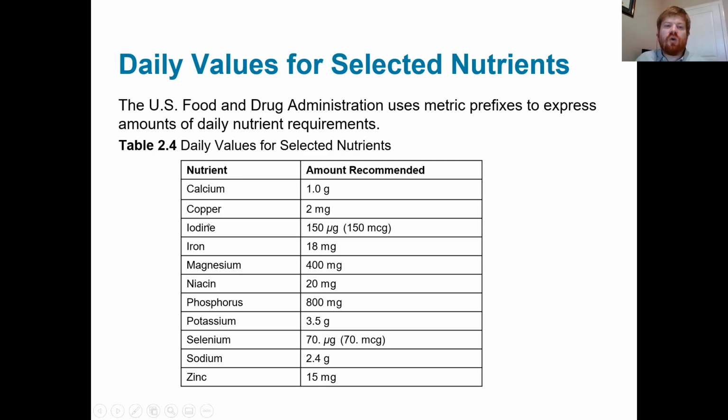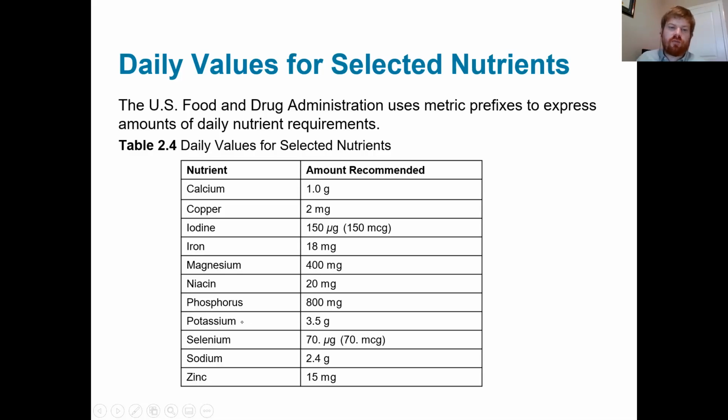So you only need 150 micrograms of iodine. I think this is per day, yeah, daily values here, compared to 2 milligrams and 1.0 grams. So you need a bunch of calcium, a small amount of copper, and then a very, very small amount of iodine. And that goes on. You see iron, magnesium, niacin, phosphorus all require milligram amounts.